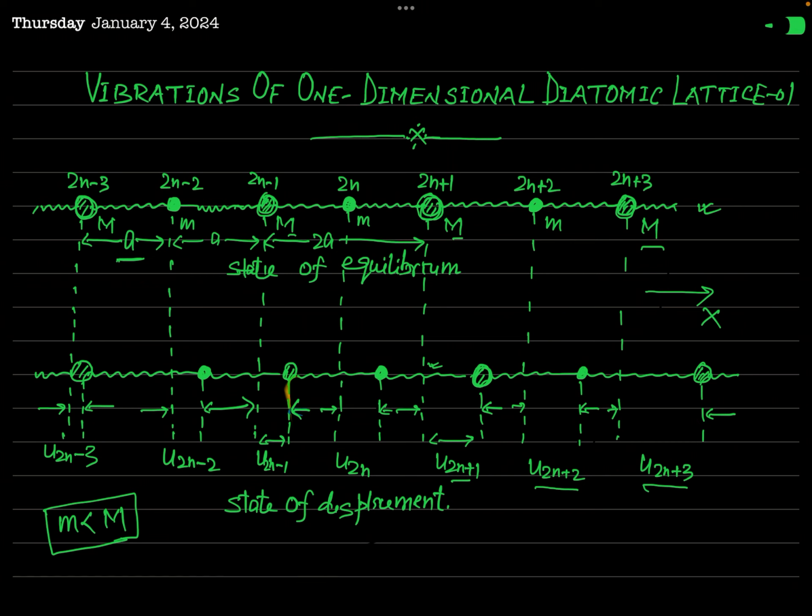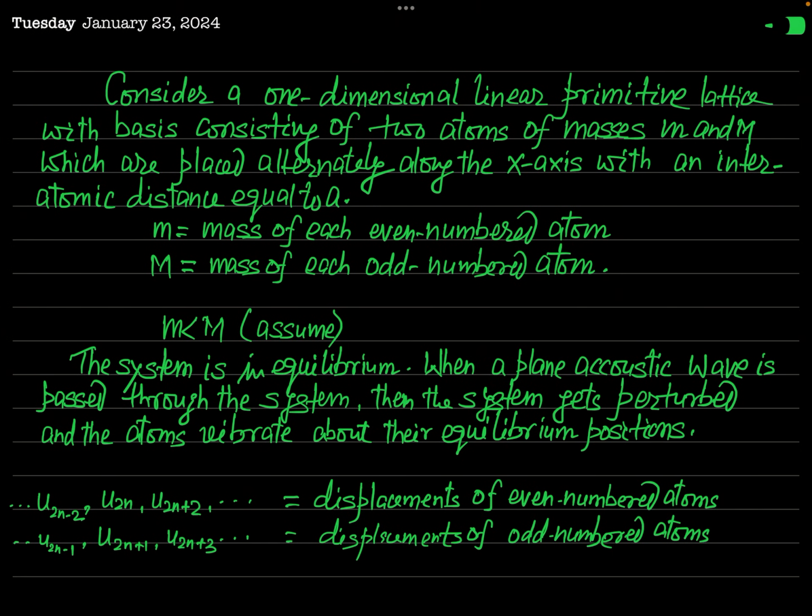We find the force acting on an atom during vibration, that is the restoring force, in two ways: one, by applying Newton's second law of motion, and another, applying Hooke's law. So taking Newton's second law of motion and Hooke's law into account, which we have learnt in the previous lecture, I have written here directly the equation of motion of the odd number atoms and the even number atoms.